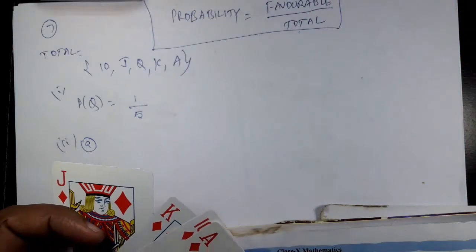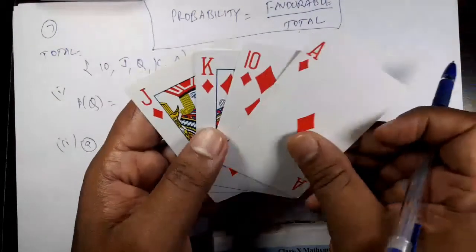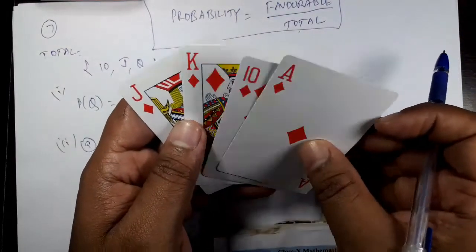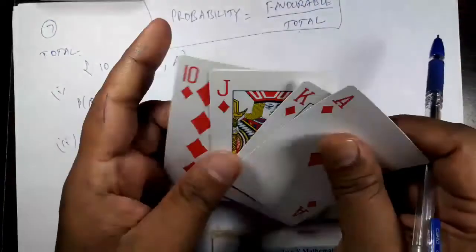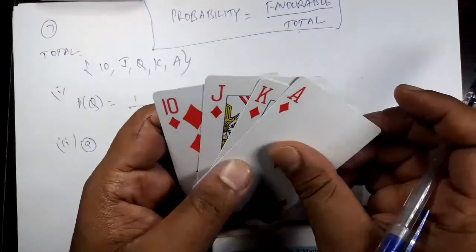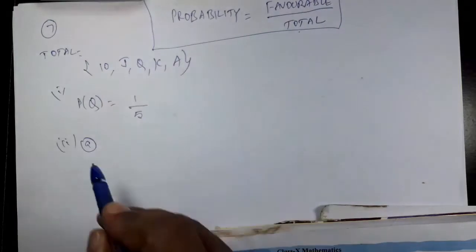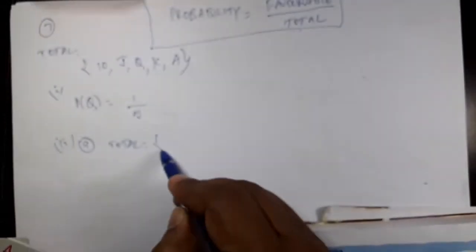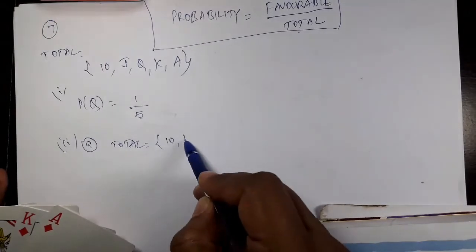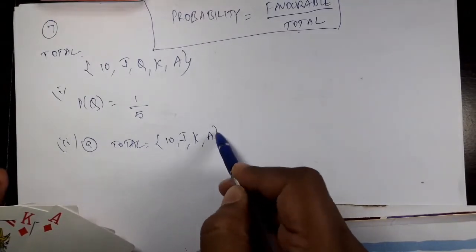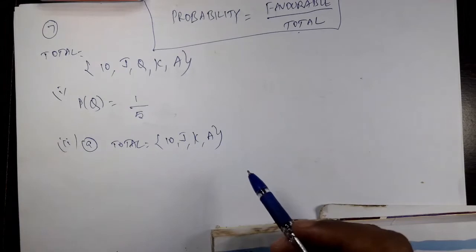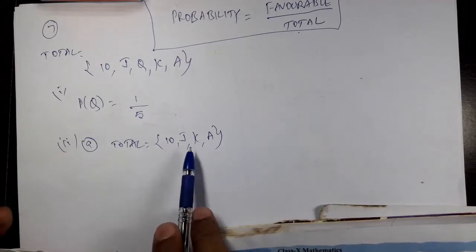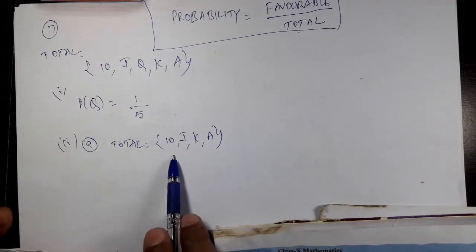Okay, leave this queen. Tell me how many are remaining now? Only four. 10, Jack, King, Ace, right? So total number of outcomes now, if you draw one card of this remaining, is 4.